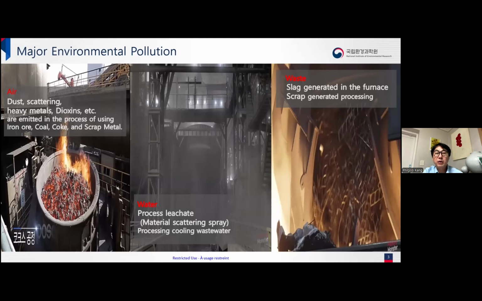In terms of water, leachate is generated in the process of spraying water on raw material to prevent dust scattering, and wastewater used as cooling water is generated. Waste includes slag generated by the use of a furnace and scrap iron generated after the polishing process. Next, please.